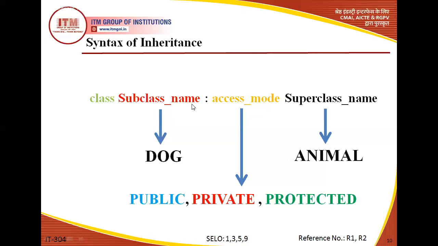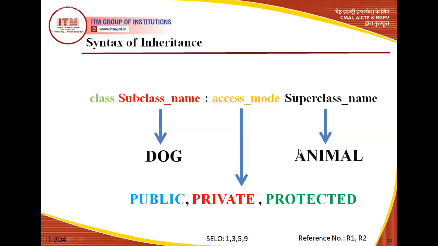How can you write this? Just take the example of animal and dog again. Here animal is the parent class and dog is the child class. How can I inherit this animal class into its dog class? This is the syntax of that concept.